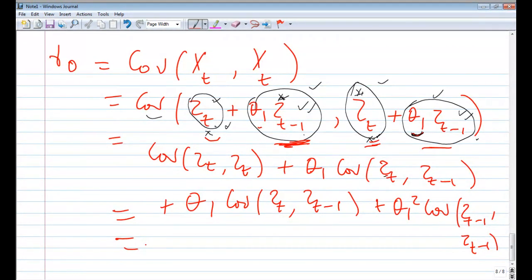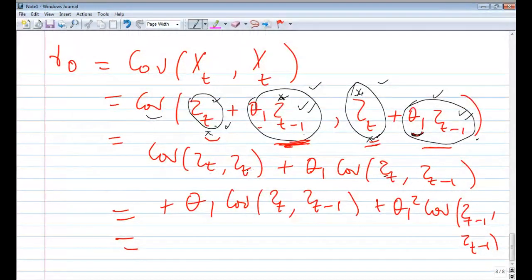Yes, sir. So now from there, you check those that are independent. If two variables are independent, their covariance is 0, isn't it?